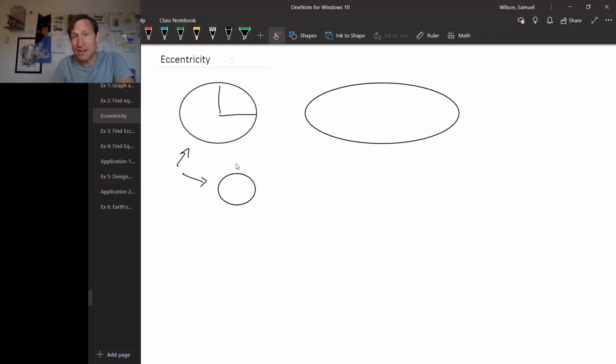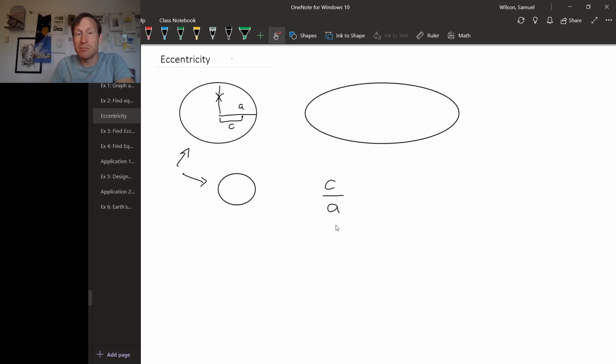The traditional way to measure this overall shape of an ellipse actually doesn't involve the semi-minor axis at all. It involves the semi-major axis, which remember we call A, and the focal radius, which remember is the distance from the center to a focus, and we called that C. So what you do is you take the focal radius, C, and divide it by the semi-major axis.